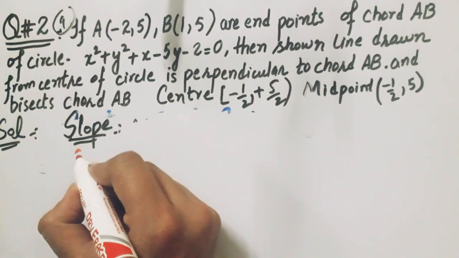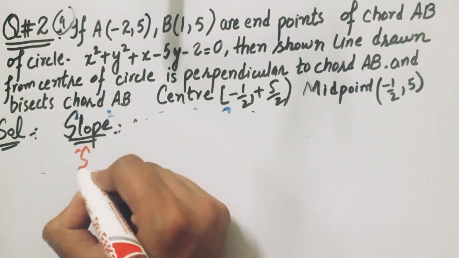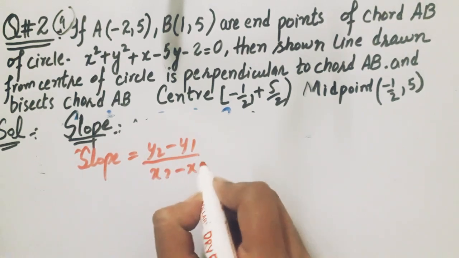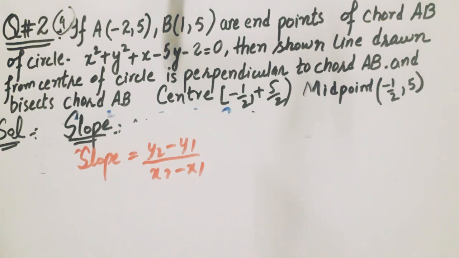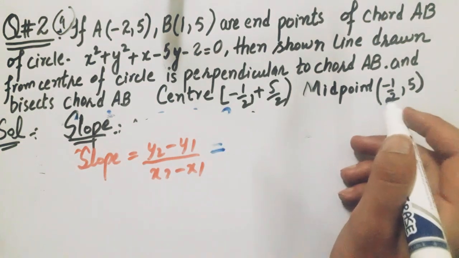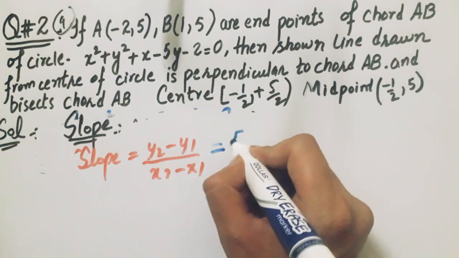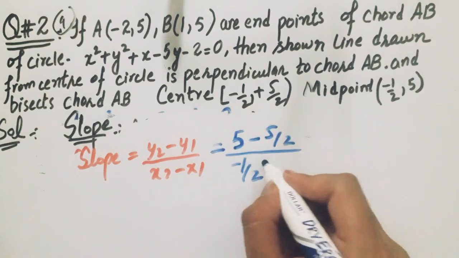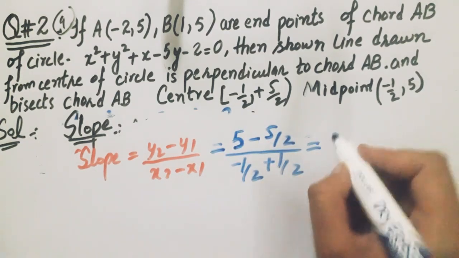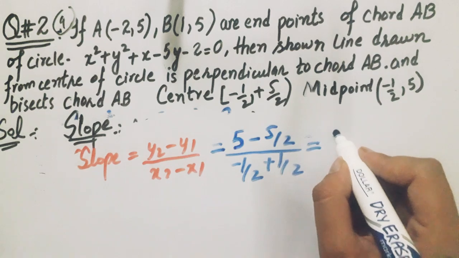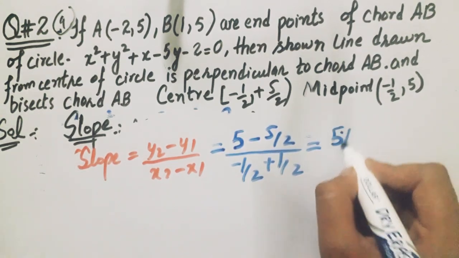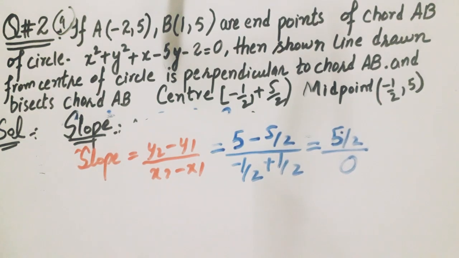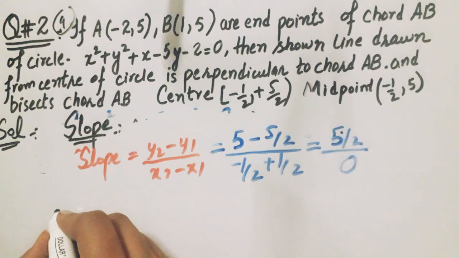So again write the formula for slope, that is y2 minus y1 by x2 minus x1. Now y2 is equal to 5 minus 5 by 2, minus 1 by 2 and it will become plus 1 by 2. So this is 10 minus 5, it means 5 by 2. Minus 1 by 2 plus 1 by 2 is 0. So the slope is undefined.